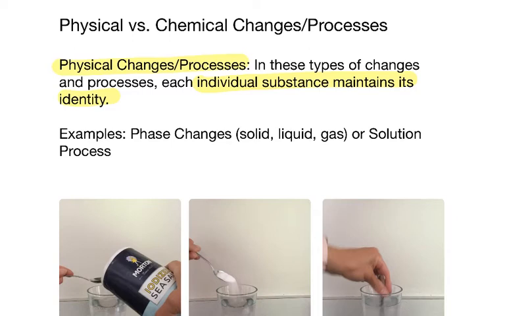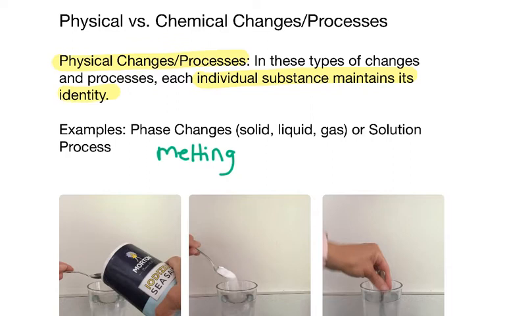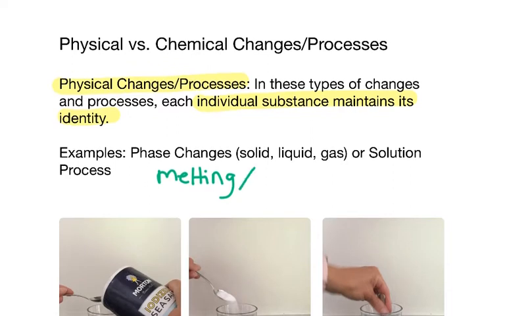And examples of this would be phase changes. So, for example, melting, freezing, evaporating, boiling, condensing.